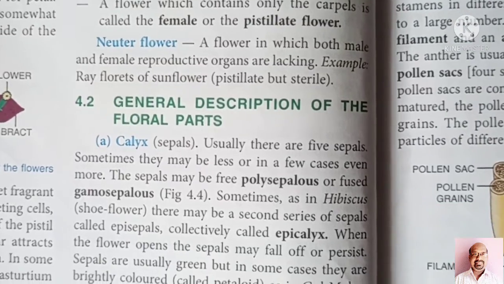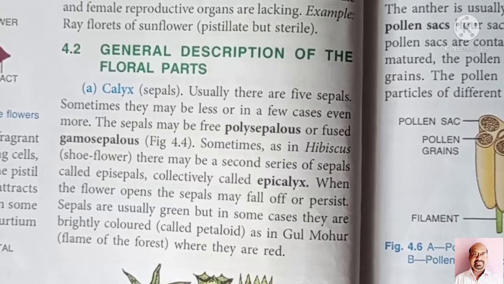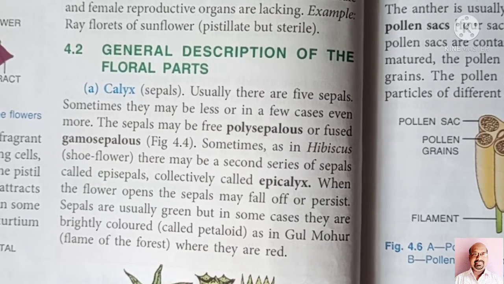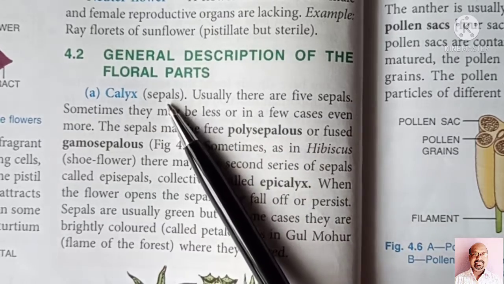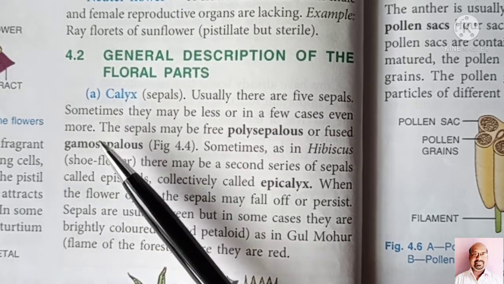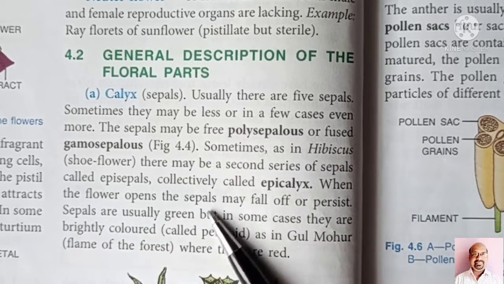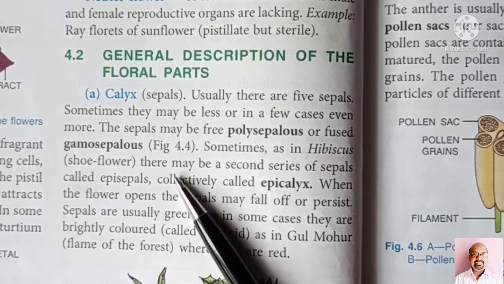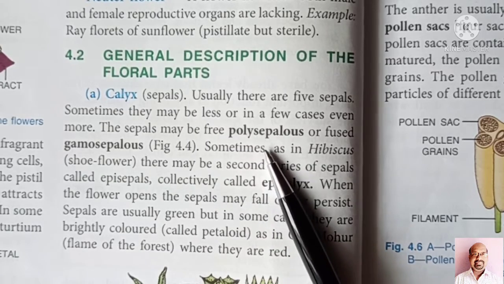Now we'll talk about the general structure of the floral parts. First, we have discussed previously also the sepals, collectively called calyx. Calyx may be found in the free stage or in the fused stage. If they are free, they are called polysepalous.